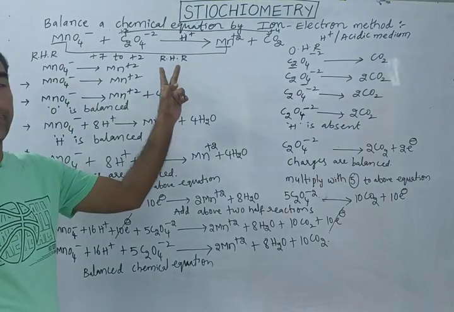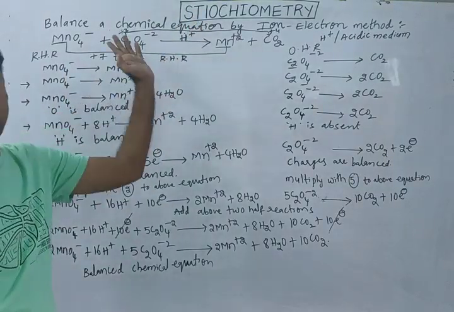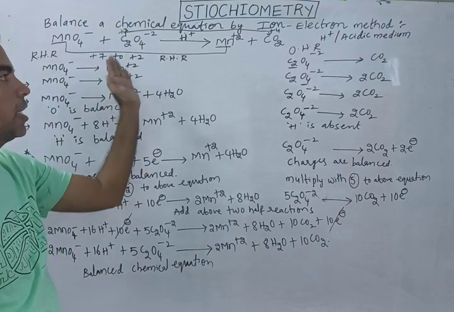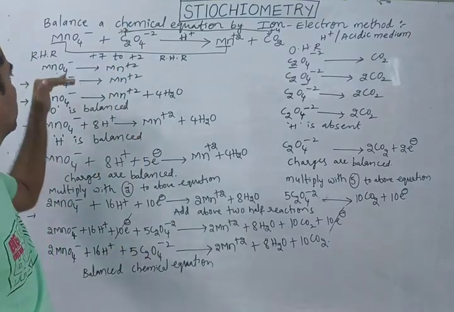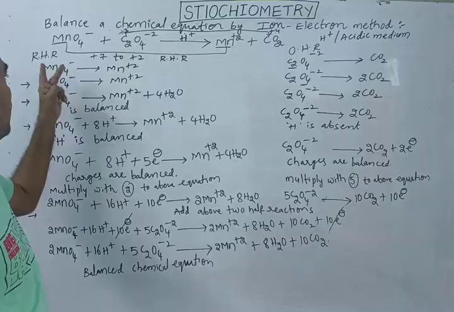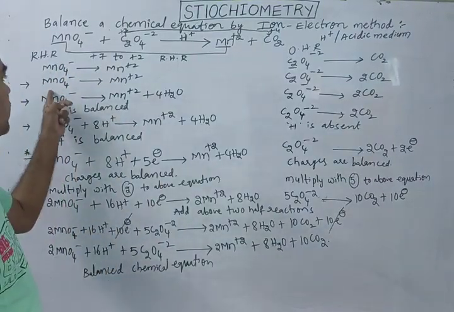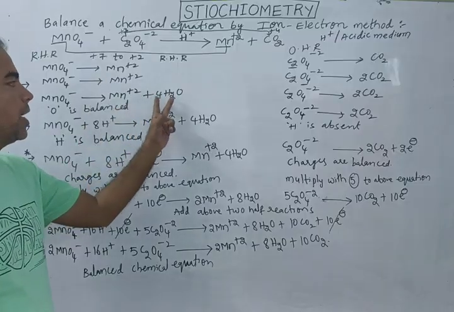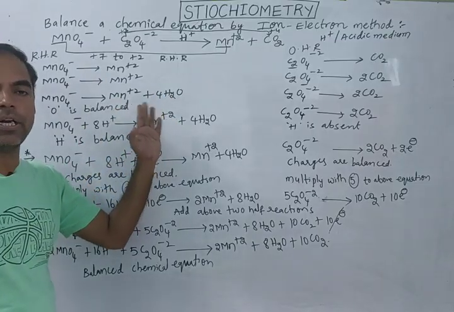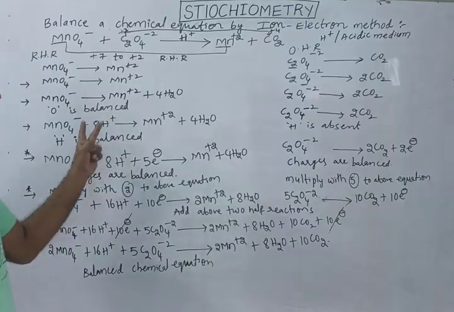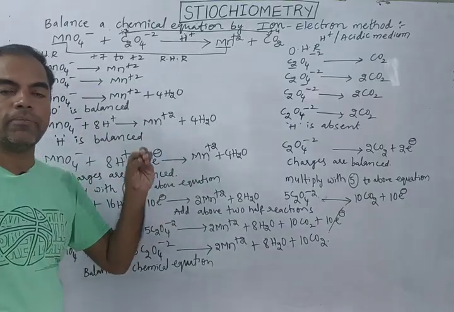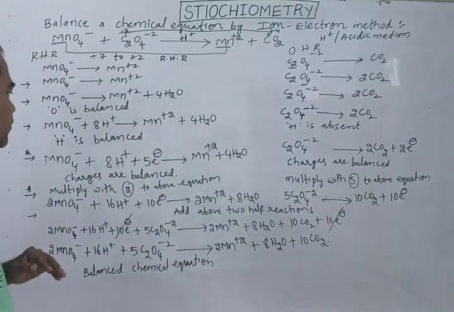In the first step, classify the two half reactions as oxidation and reduction half reactions. Next, balance the atoms other than oxygen and hydrogen. Next, balance the oxygen atoms by adding the required number of water molecules on the deficient side. To balance the hydrogen, add the required number of H plus ions on the deficient side.